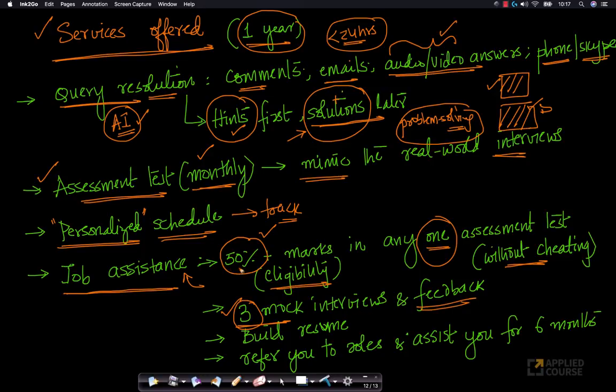So as soon as you're eligible for the job guarantee, we'll start scheduling 3 mock interviews and we'll give you extensive feedback on areas that you need to improve on. We'll also help you build a strong resume, and we'll refer you to various roles like software engineering roles and assist you for 6 months by referring you to various teams and recruiting partners that we work with.